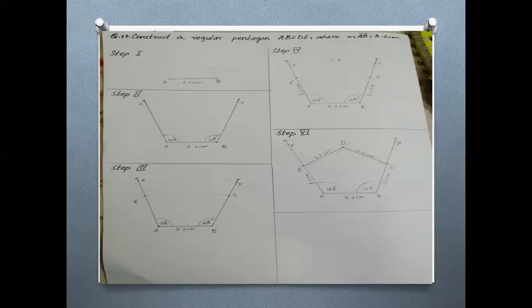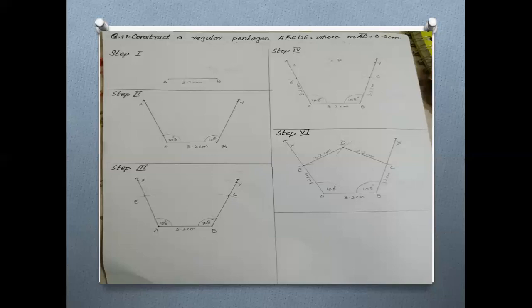You see that both arcs meet each other at point D. You can see clearly in step 4 that both arcs meet each other at point D. Now join point D with C and point D with E. This is the five-sided figure A, B, C, D, E.